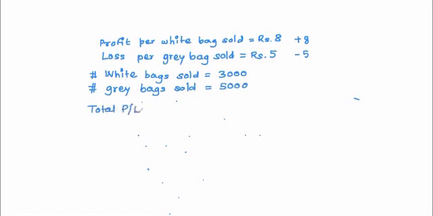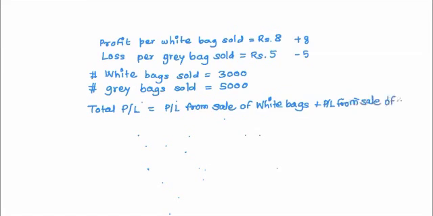So total profit/loss is equal to profit/loss from sale of white bags plus profit/loss from sale of gray bags.